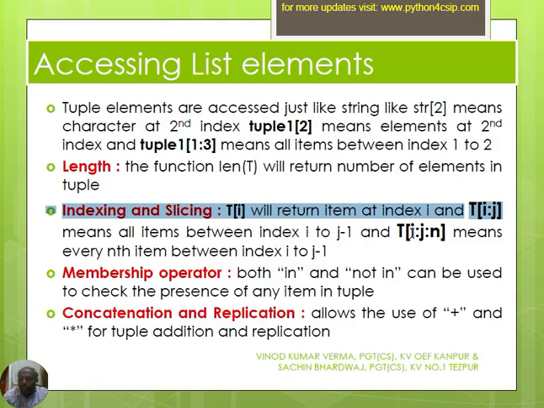And T[i:j:n]: i is the starting value, j is the end value, that is j minus 1, and n is the increment, meaning the index value is incremented by the n value, and that value will be displayed.